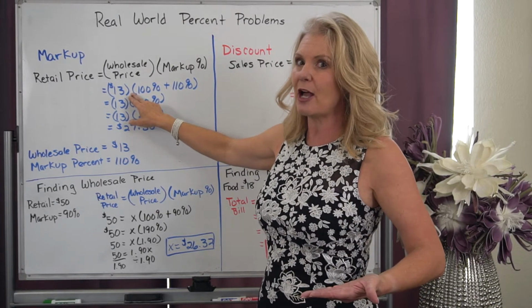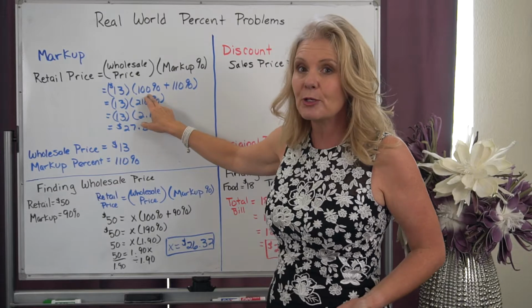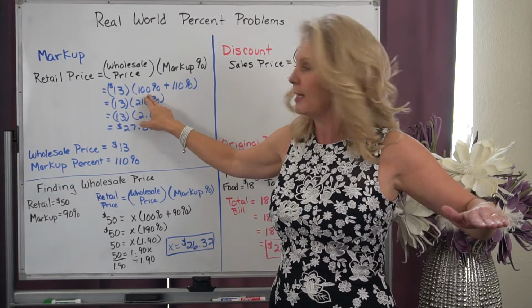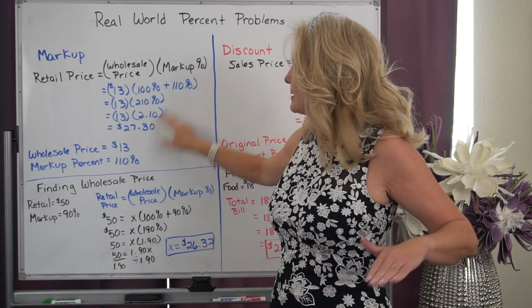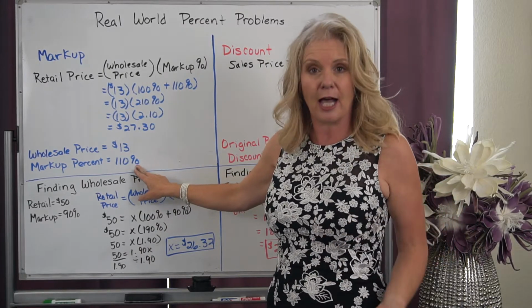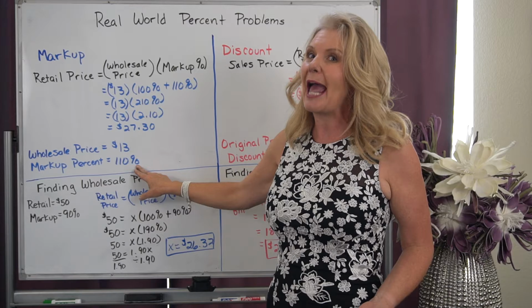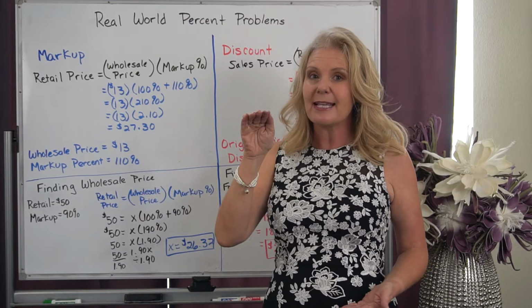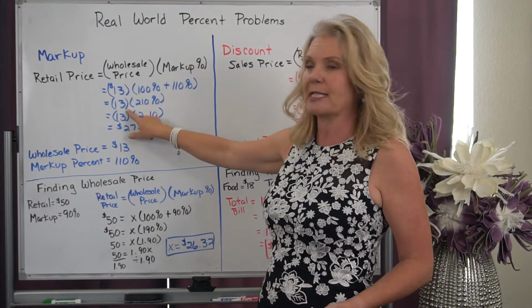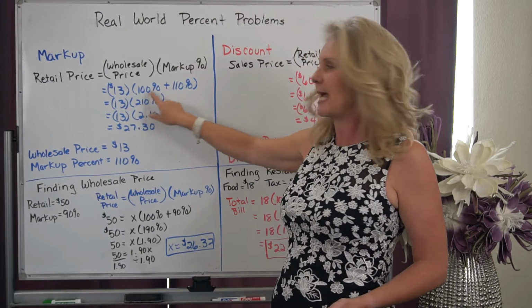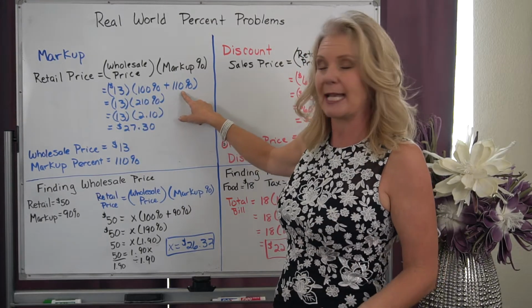That $13 represents 100% of where we want to start from. Then we're going to add that markup amount that we want, and we want to go up 110%. So actually our price is going to go up 210% from the $13. It's the 100% plus the markup of 110%.